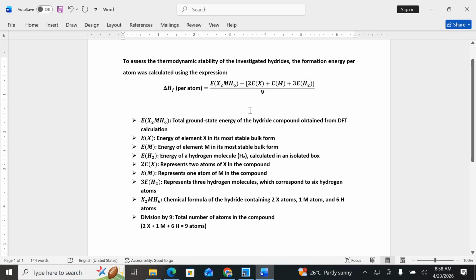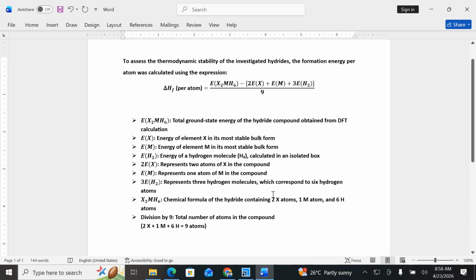The interpretation of this result is very important. If the formation energy is negative, it means the compound is thermodynamically stable and can form spontaneously from its constituent elements. On the other hand, if the formation energy is positive, the compound is unstable and tends to decompose.